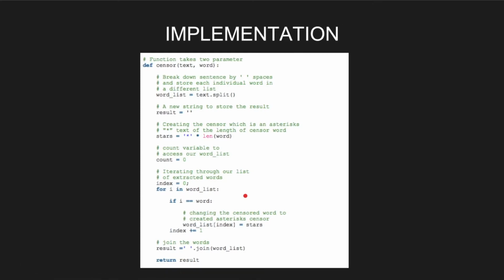Now let's have a look at the implementation. First, we create a list of words from the sentence by the split function. Initialize result as an empty string. Create the censor, which is an asterisk text of the length of the censor word.